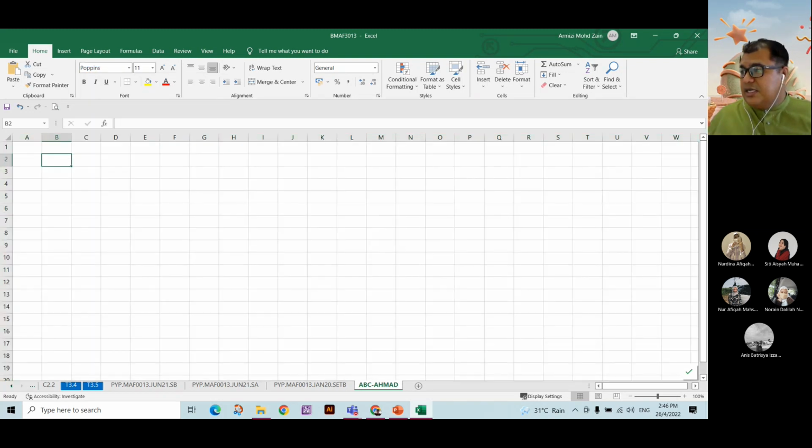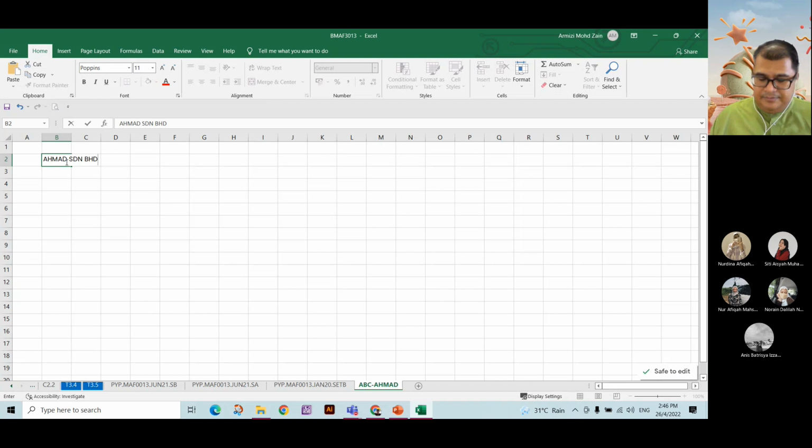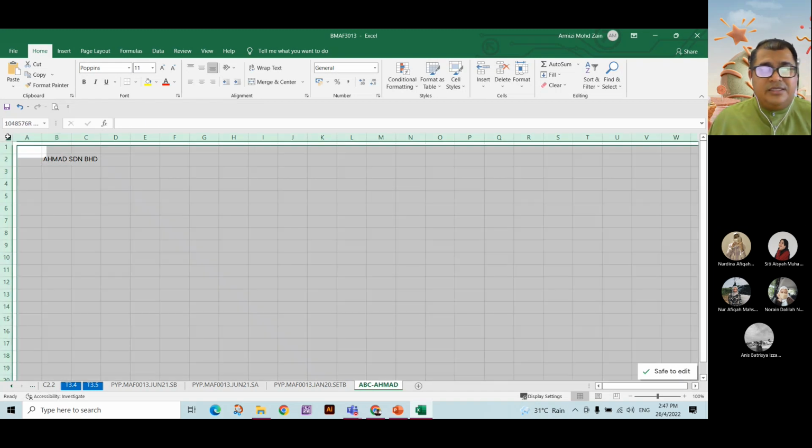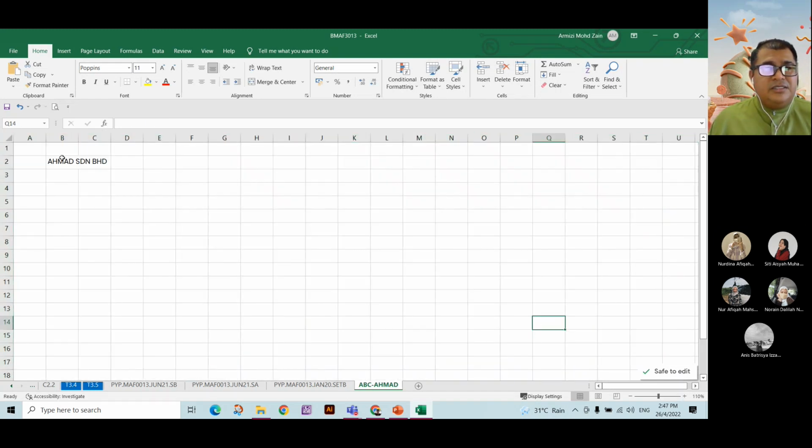There are 4 stages dekat sini dia kata. First, yang ni. Dia kata kat sini ni Ahmad ni, Ahmad 9 berhad. Ini sebagai contoh nama lah. Tak kisah nama apa. Ini saya bagi satu contoh sahaja.